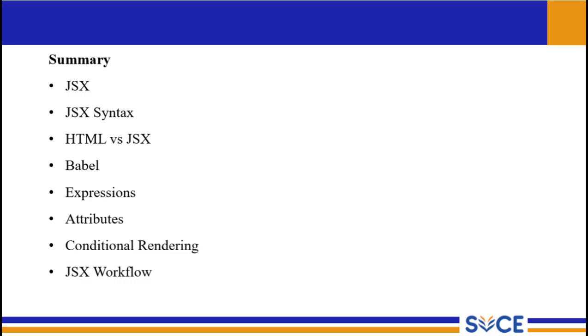We explored the JSX compilation process where Babel converts JSX into standard JavaScript before execution. We also covered the essential syntax rules, including using a single parent element, closing all tags, writing attributes in camelCase, and embedding JavaScript expressions within curly braces.